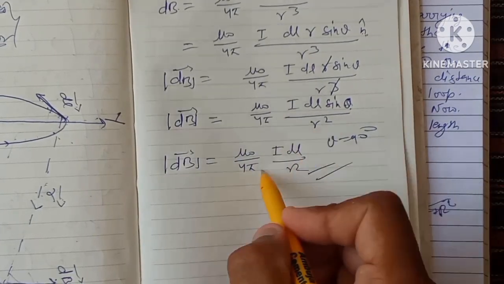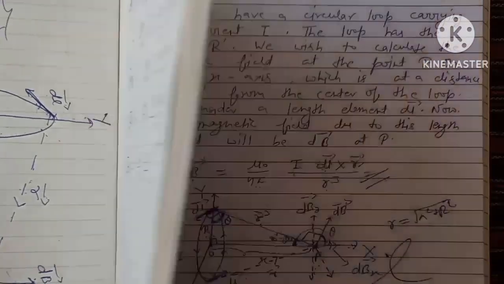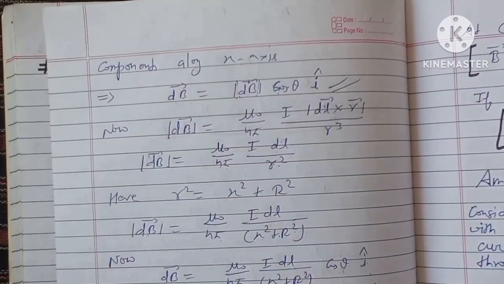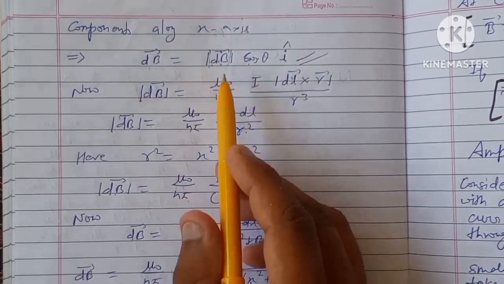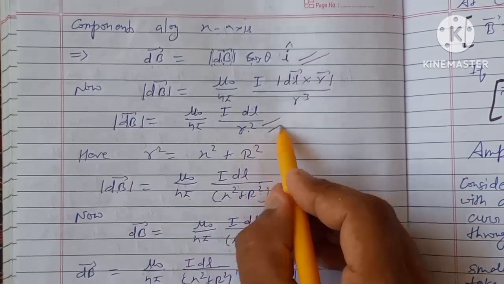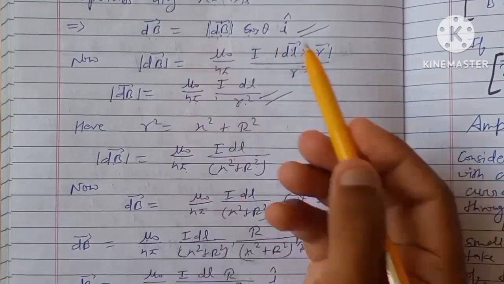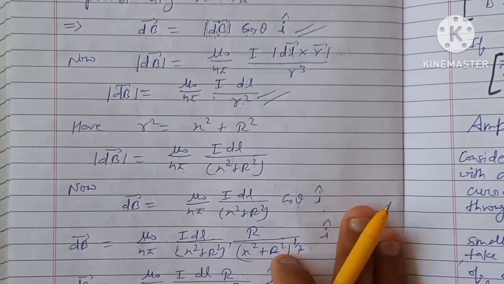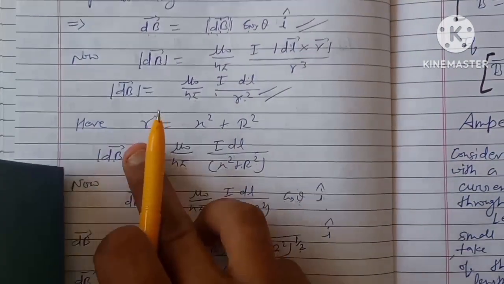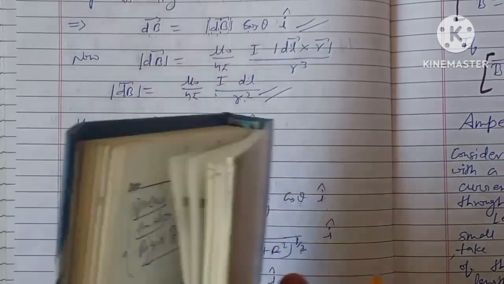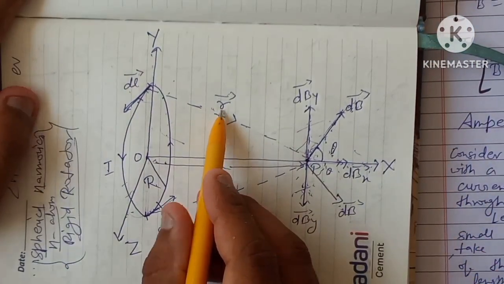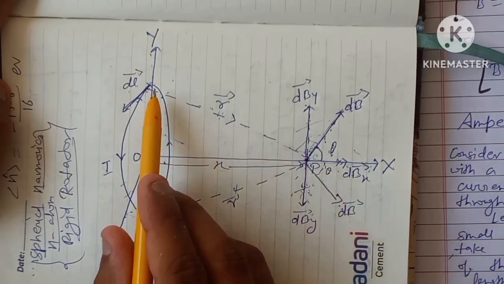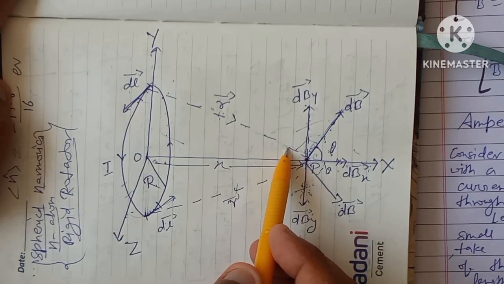Let us put this magnitude value of this dB vector in this expression here. Also, I want to clear a point here that r square is equal to x square plus R square. What is my r? See here, r is the position vector of this point P from this dl vector.